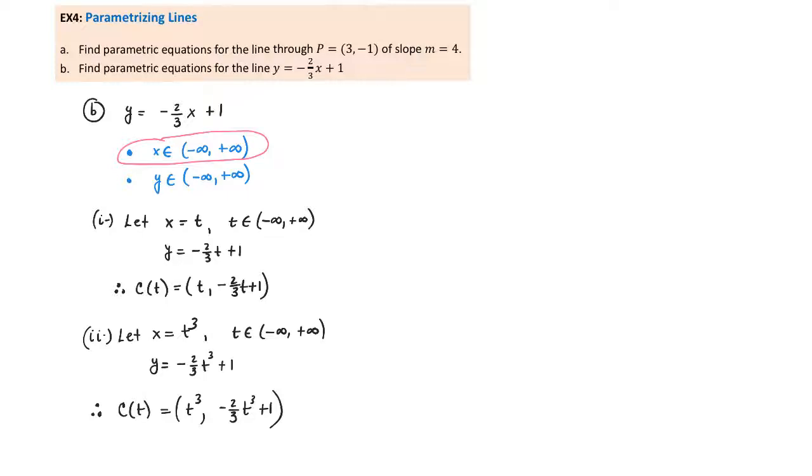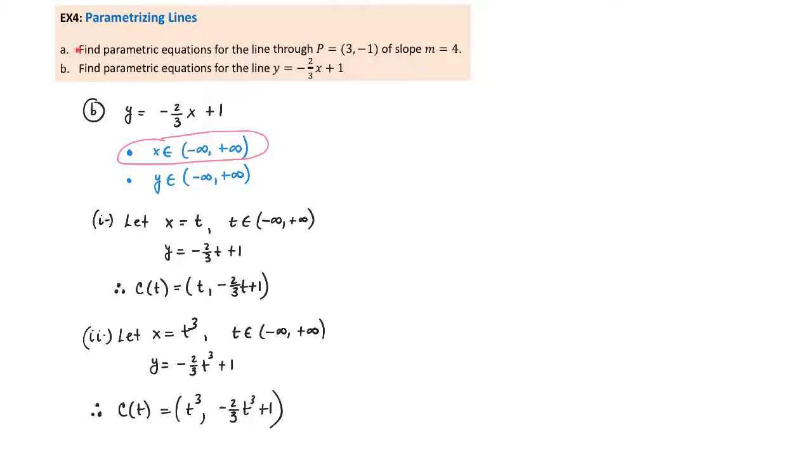Different parameterizations may have a different path on the same curve. So this is one of the things that if you're producing a graph, you have to make sure that the correct direction of motion is identified for a specific parameterization.